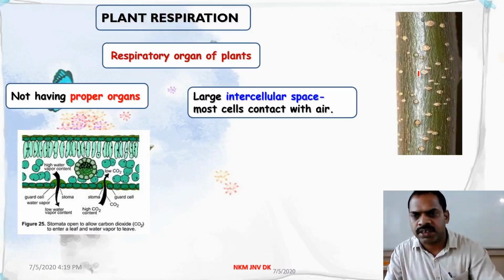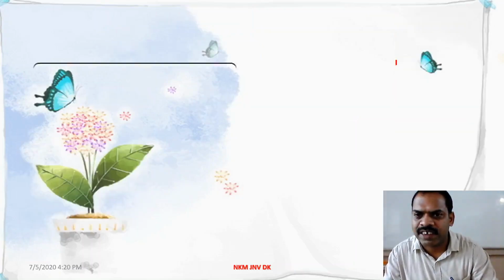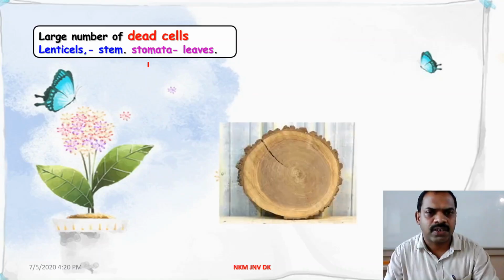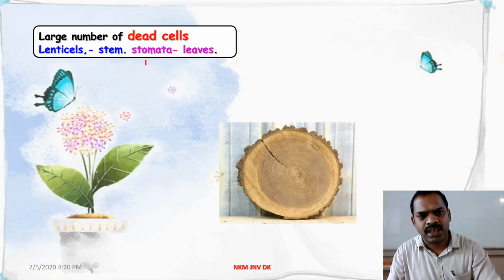What is that? Special structures called lenticels. There are lenticels in the stem, and leaves have stomata for gaseous exchange.